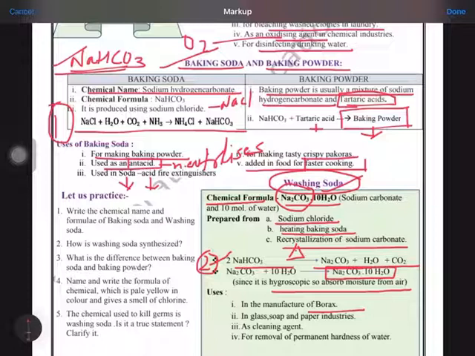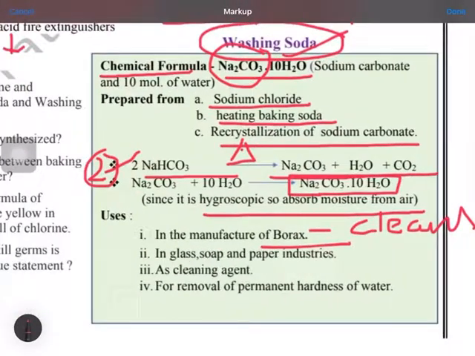Mostly it is used as a cleansing product, and has been used so for several decades. You can remember that. In the glass, soap and paper industries it is also used as a cleansing agent, and for removing permanent hardness of water.